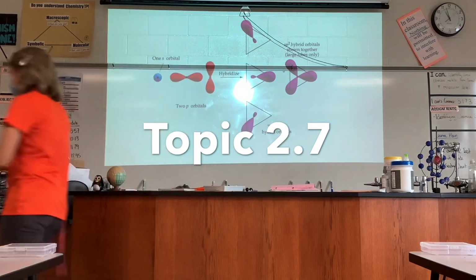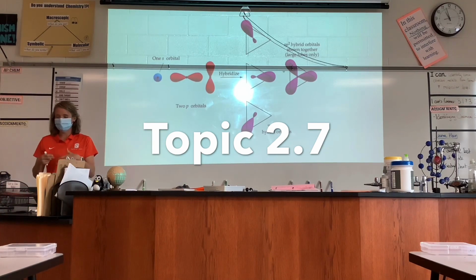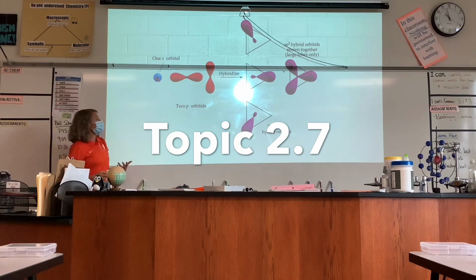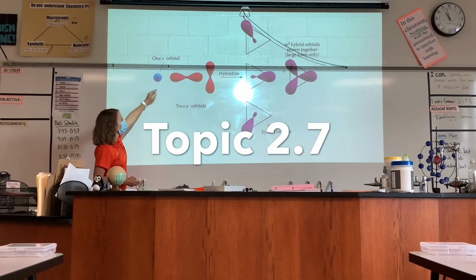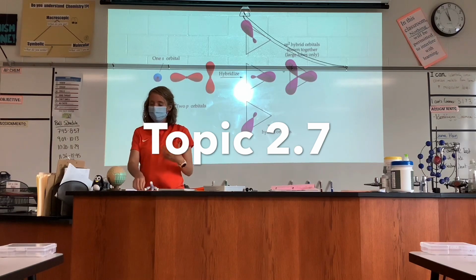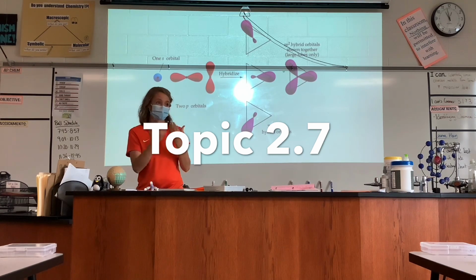Here's the concept: when things bond with each other, let's say I have an atom that has an s orbital. So this is like electron configuration, right? The s orbital, the p orbital, d orbital. If I have an atom that has one s orbital and two p orbitals, scientists determined that when they bond, the orbitals become equal. And so there's this idea of them hybridizing.